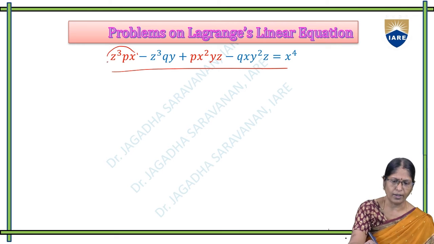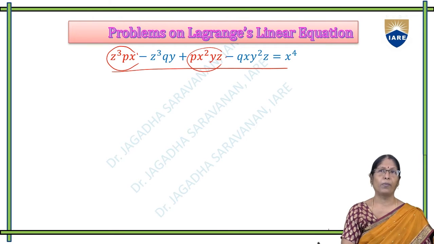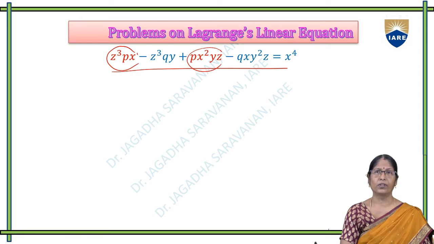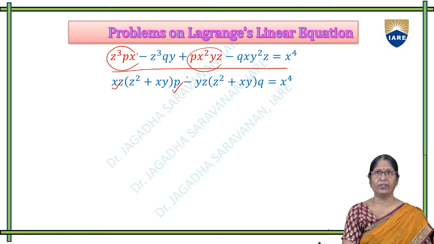The red colored terms are colored to make our understanding easy. In both of these terms, p, x, z is common. So we put it outside.